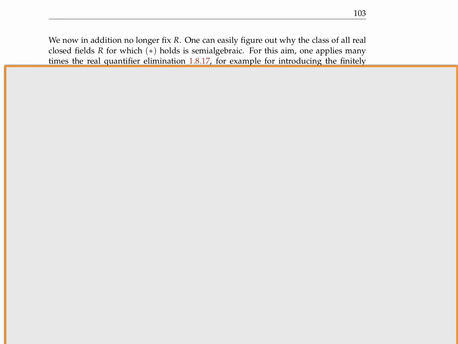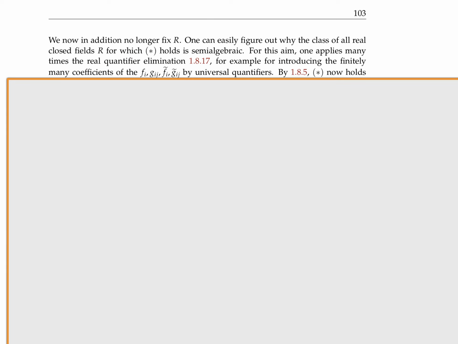You have to formulate it, and you can eliminate the quantifiers, etc. For this aim, one applies many times the real quantifier elimination, for example, for introducing the finitely many coefficients. Yeah, about the polynomials, I speak, of course, by speaking about their coefficients, right?